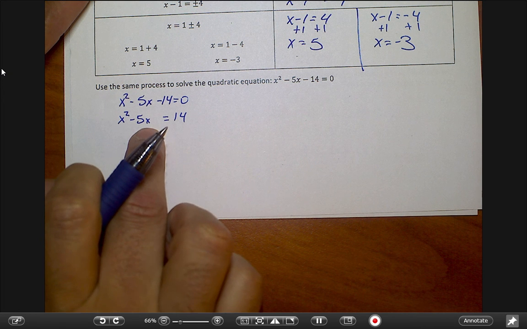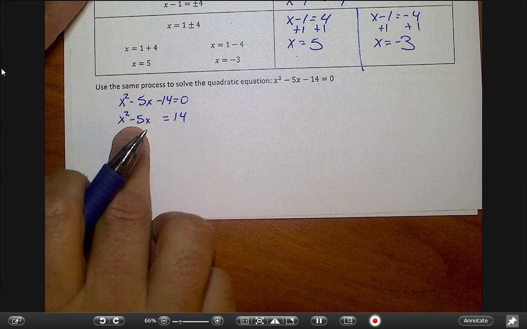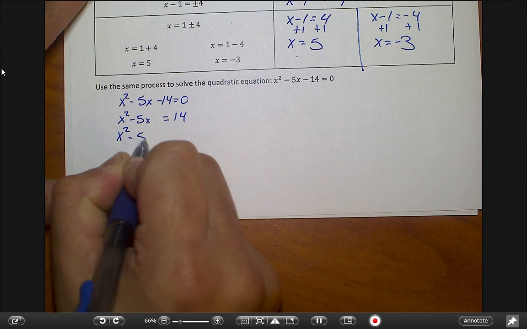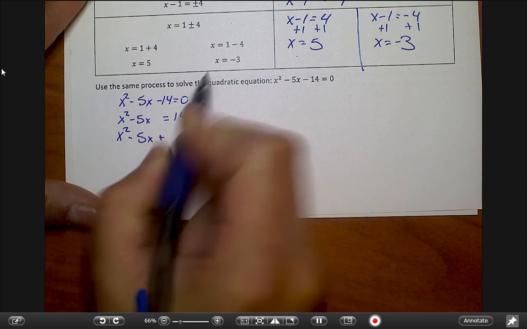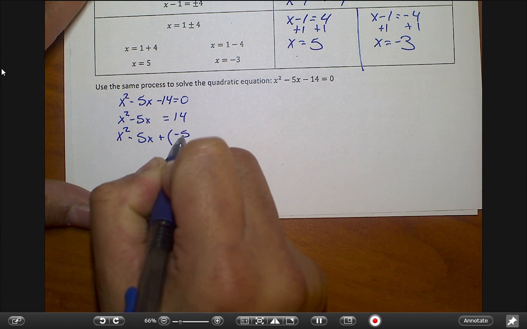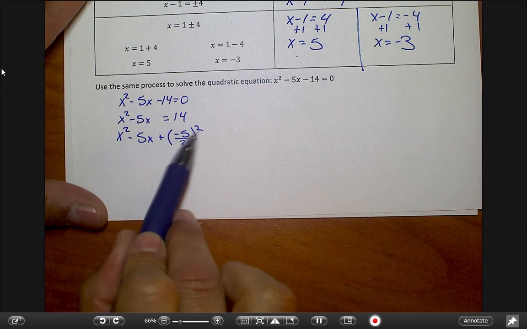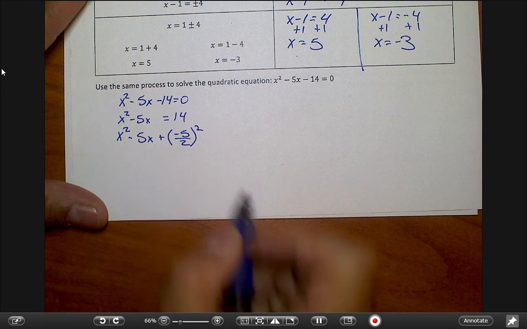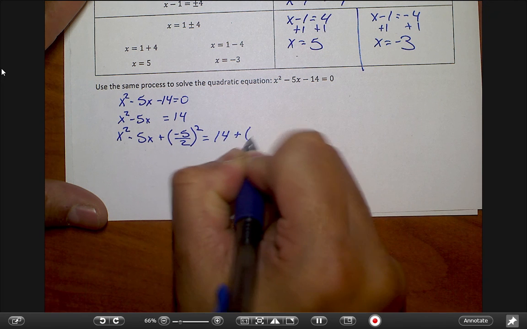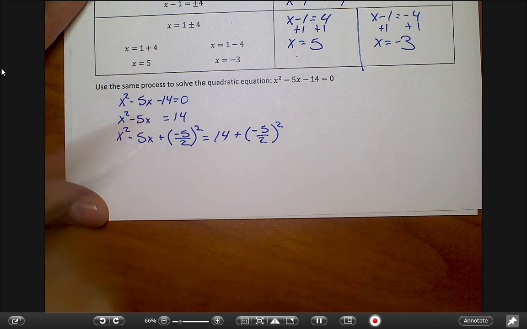The next step is my b divided by 2 squared. B is negative 5, right? Okay, so x squared minus 5x plus, this is always a plus sign right here, parentheses, negative 5 divided by 2 squared. Because it's always your b divided by 2. In this case, my b was negative 5. Equals 14 plus b divided by 2 squared.